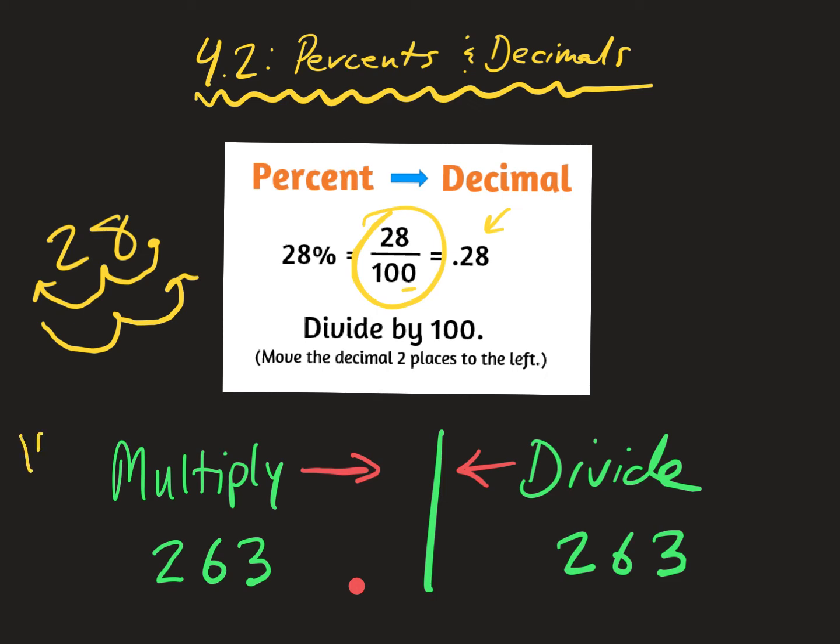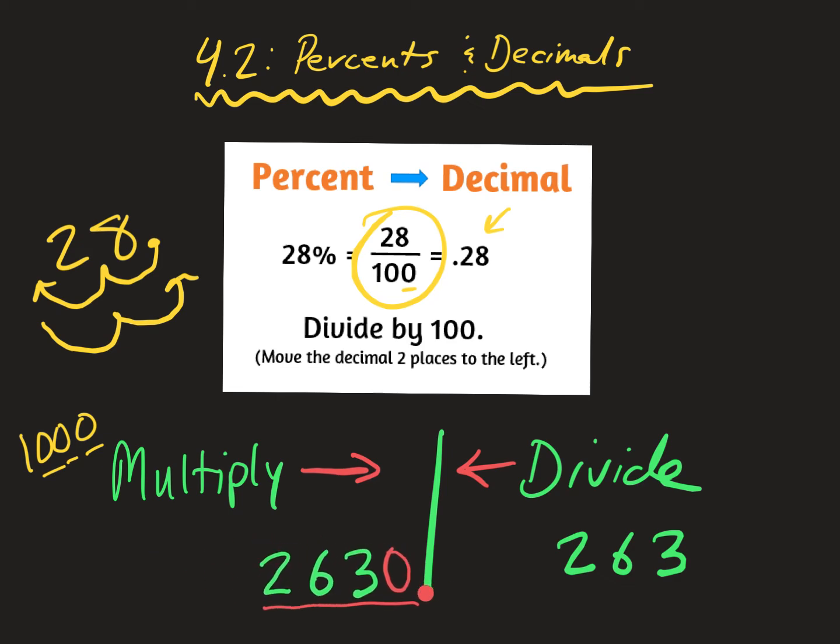Let's say I'm multiplying by 1,000. Because there are 3 zeros, I'm going to shift my decimal point to the right 3 times. 1, 2, 3. Any empty space, I'm going to have to add a 0 there. And so that becomes 2,630 when I multiplied by 1,000.